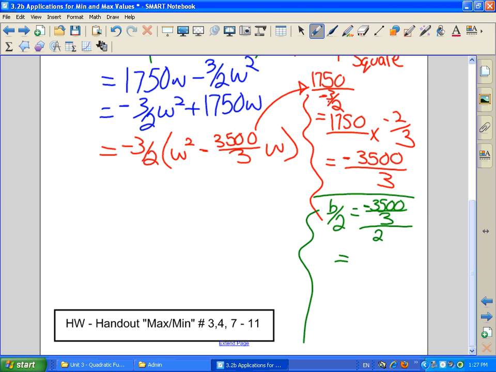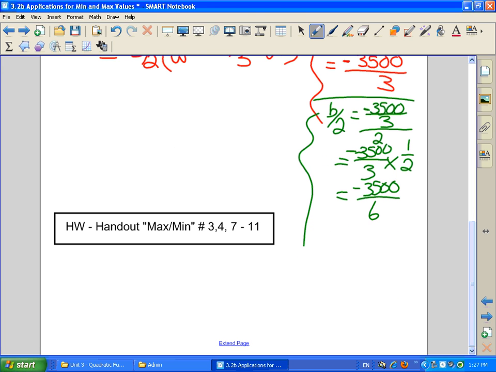If you want to do the long form, it's negative 3,500 divided by 3 times 1 over 2, because you have to invert and flip that second fraction, which is going to be negative 3,500 over 6. Then we can put that into lowest terms, which is negative 1750 divided by 3.